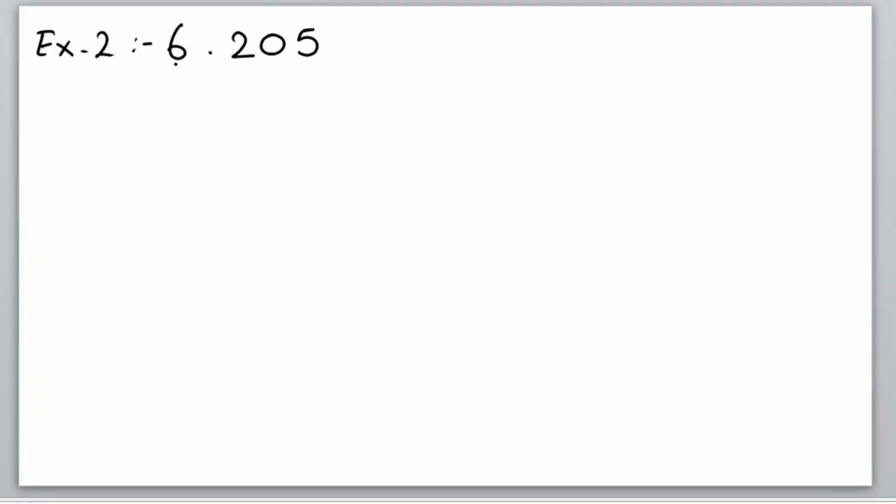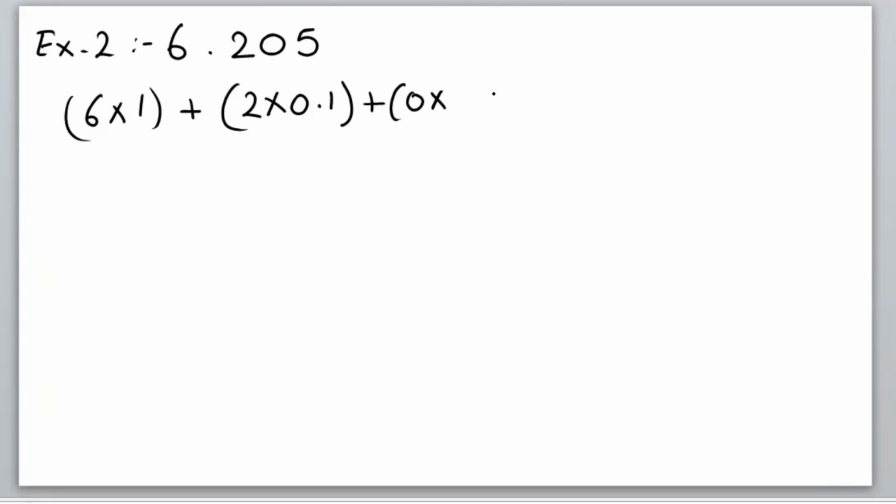So 6 is in the ones place. So 6 will be multiplied with 1, plus 2 is in the tenths place. So 2 will be multiplied with 0.1, and 0 is in the hundredths place. So 0 will be multiplied with 0.01, or you can leave it.